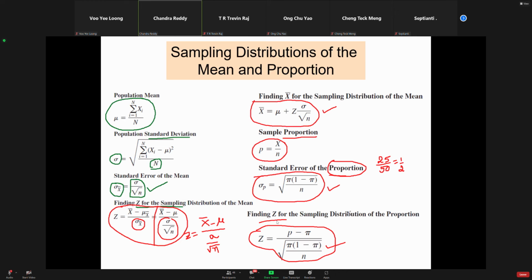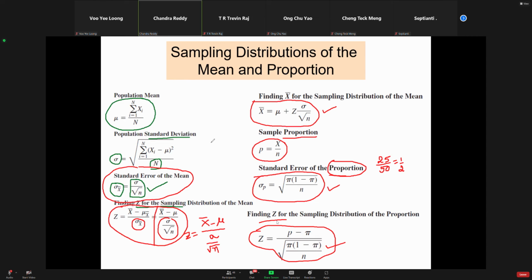So when dealing with sampling distributions, you need to know the standard error for the mean, the concept of proportion, the standard error for the proportion, and how we define the Z statistic for proportions.